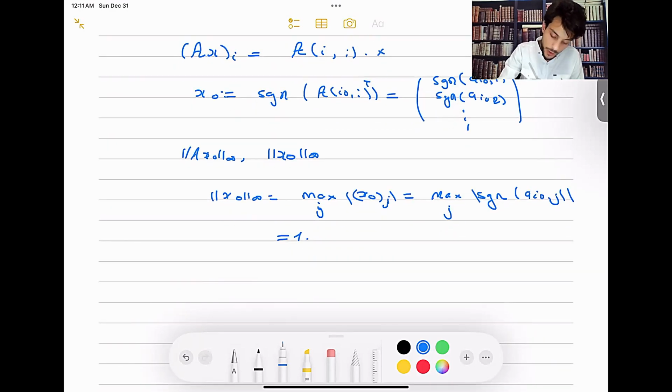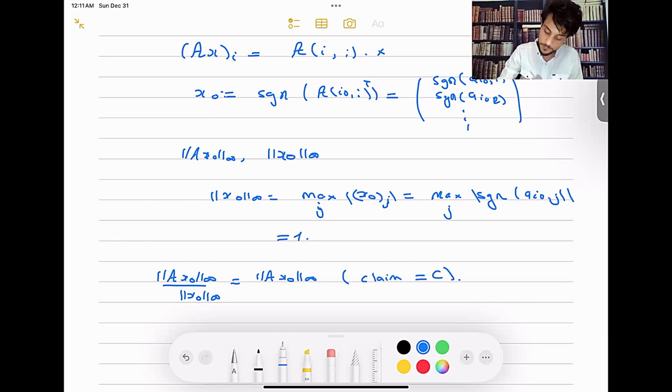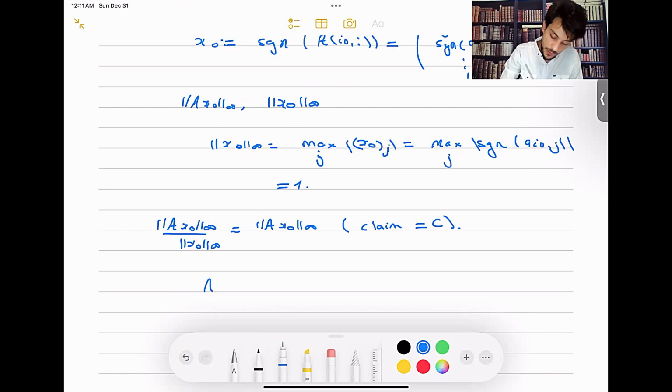Okay, and now since this ratio is therefore this norm divided by 1, which is itself, we only need to show that this is equal to c. Okay, so let us try to prove this.